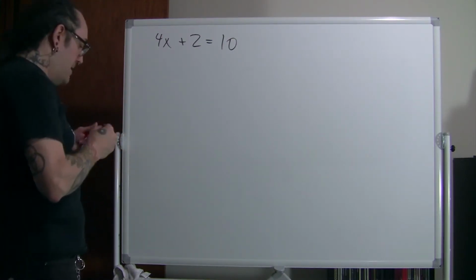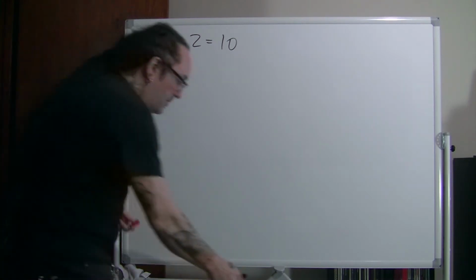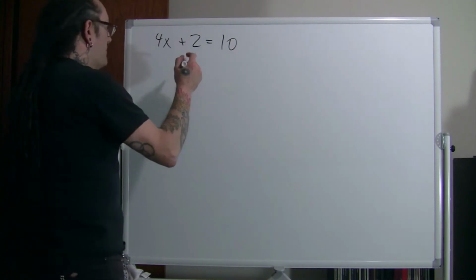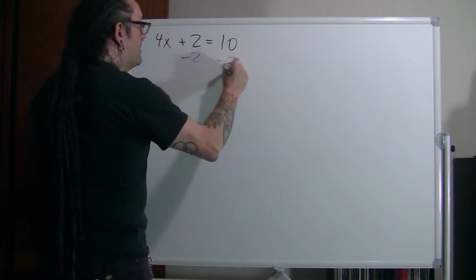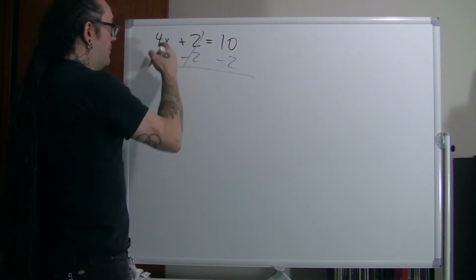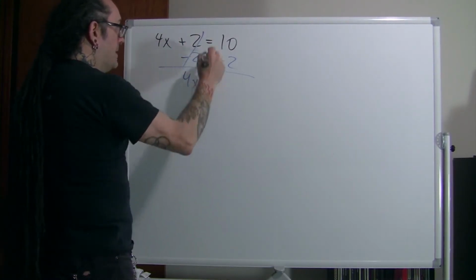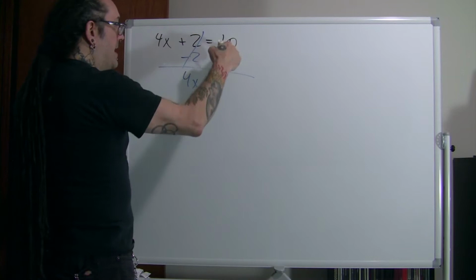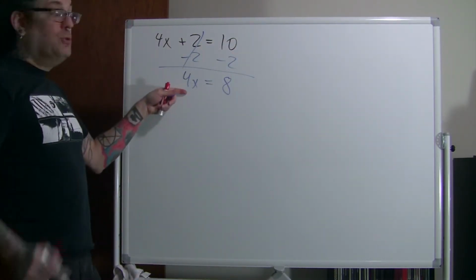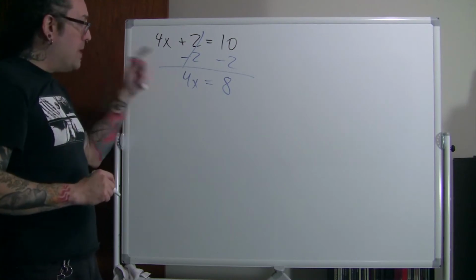In keeping with my other color, I'm going to use blue this time. Okay, so I'm going to subtract 2 from both sides. The 2's will cancel, and I'm left with 4x. And then 10 minus 2 is 8. And now we're back to a one-step equation. Great.